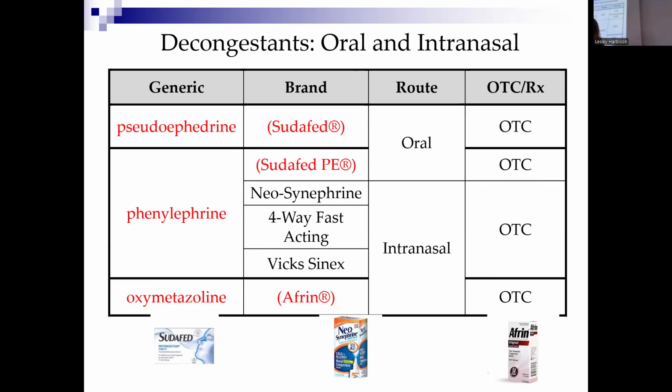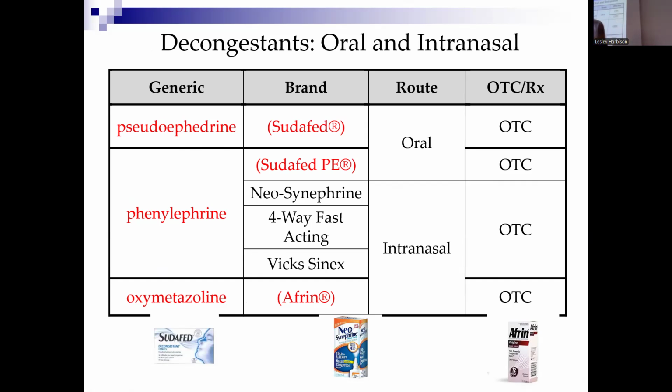So these are some of the meds, some of the decongestants. There's oral, like liquids and pills, that's the pseudoephedrine or the Sudafed. These are all over the counter. And then the phenylephrine is an intranasal spray, and we have different iterations or different brand names.